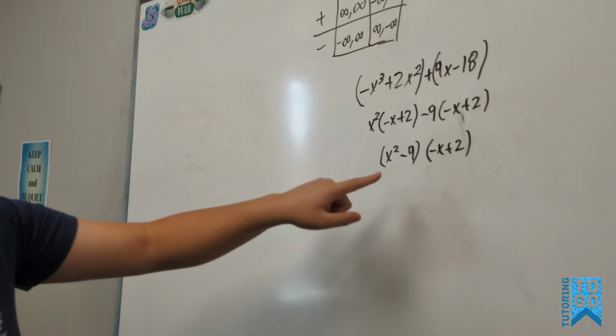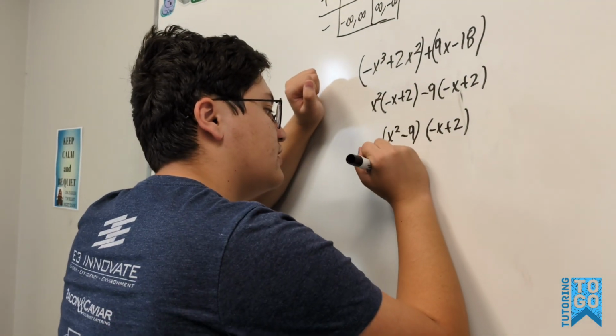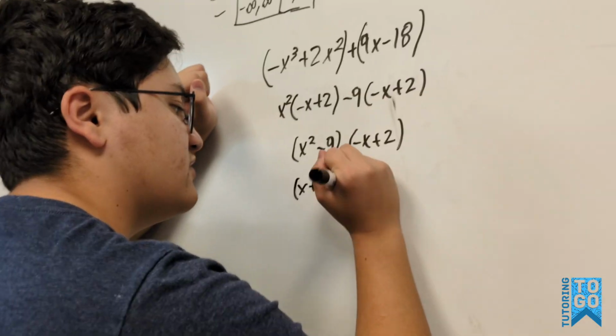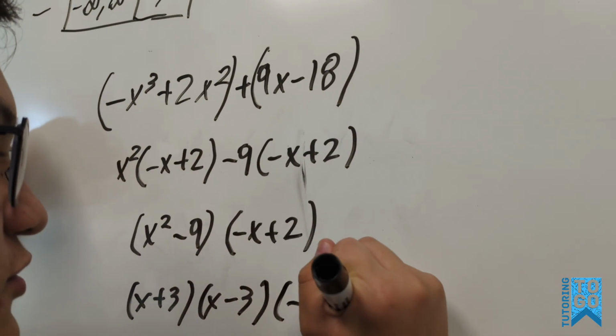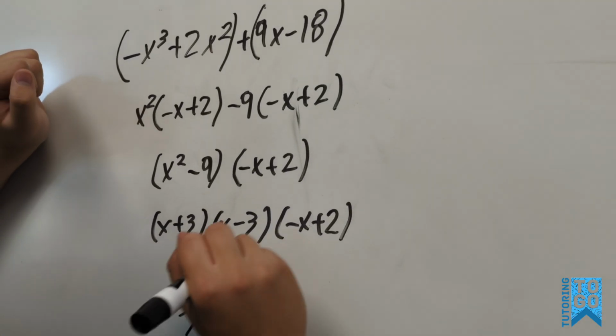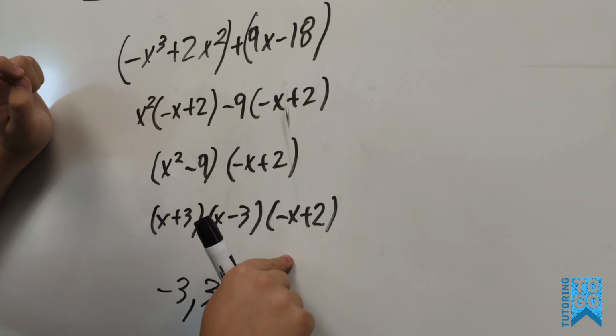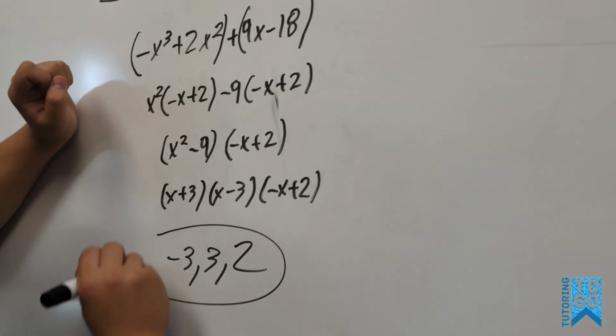If we factor this further, we get x plus 3 times x minus 3 times negative x plus 2. So our zeros here are negative 3, 3, and 2. These are our zeros for this equation.